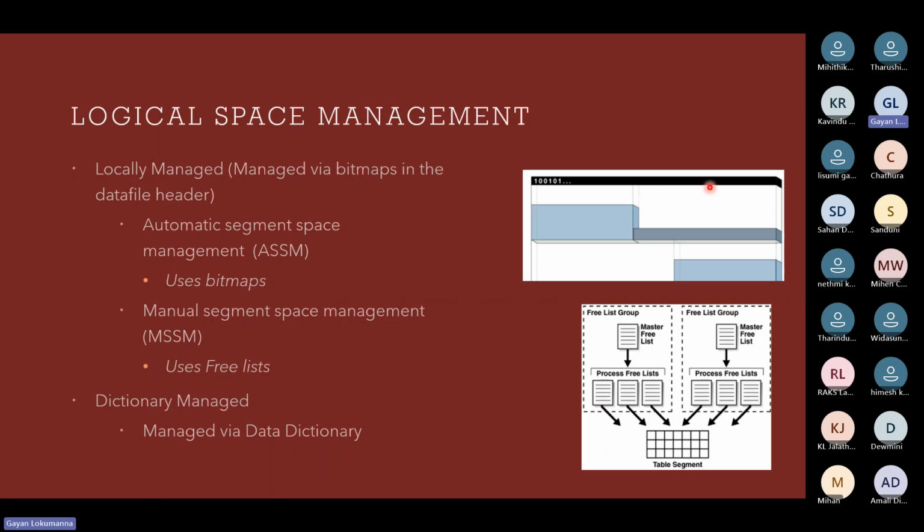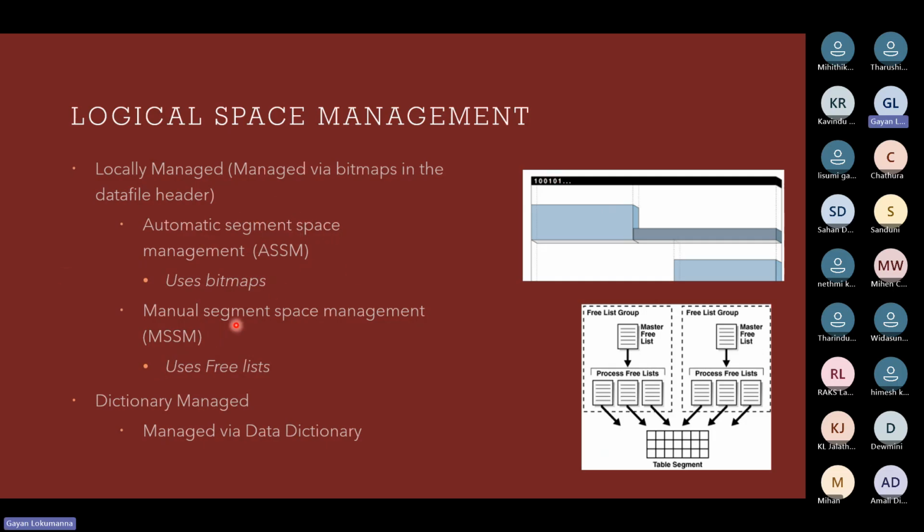You may ask whether it is possible for us to change the PCT free value. Yes, obviously we can change it as well. Let's talk about the implications of changing the PCT free later, but it is possible to do. So that is the automated part.